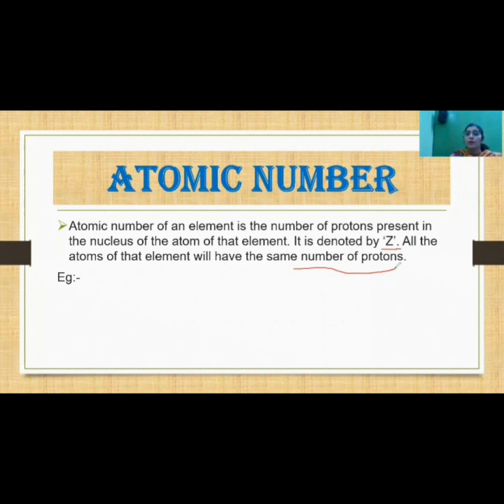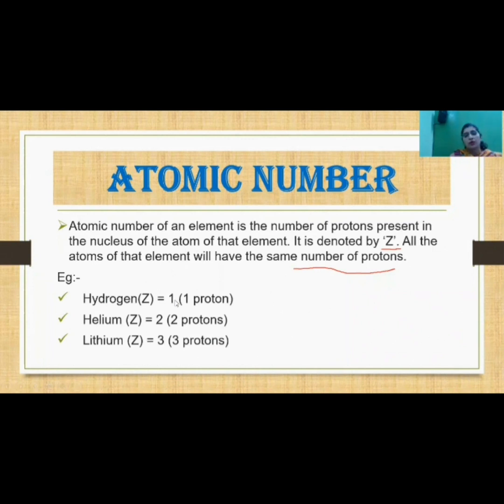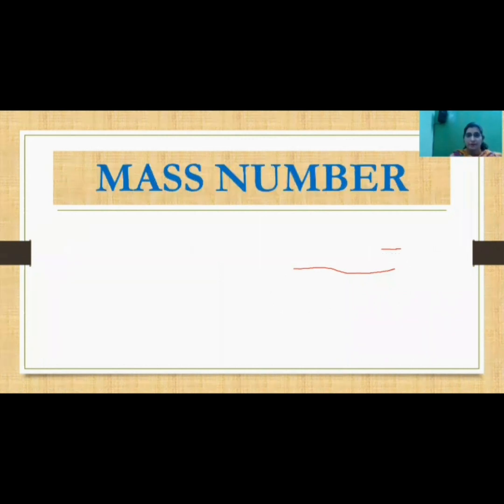For hydrogen, the number of protons is 1, so the atomic number is 1. For helium, the number of protons is 2, so the atomic number is 2. And for lithium, the number of protons is 3, so the atomic number is 3.